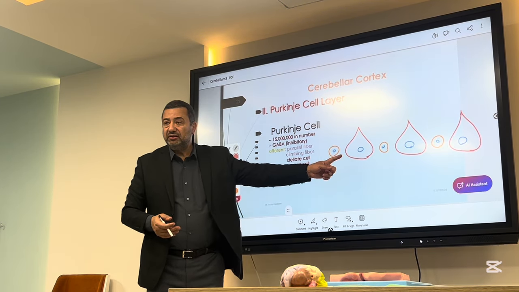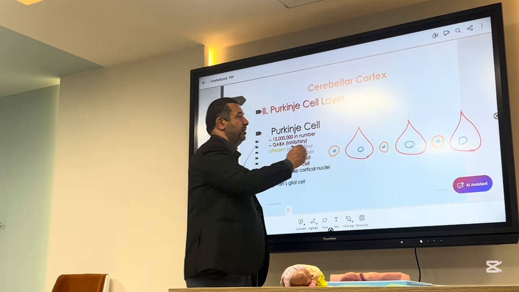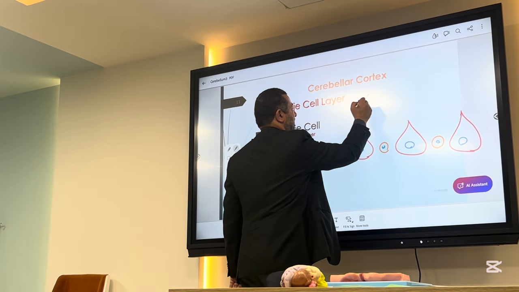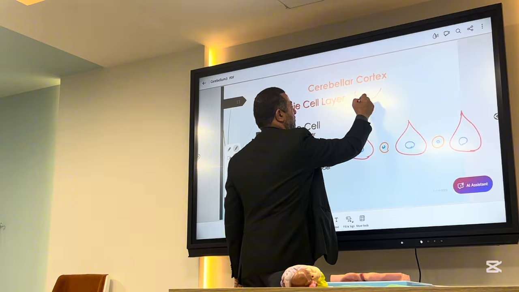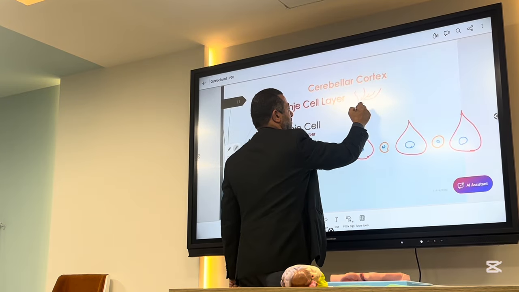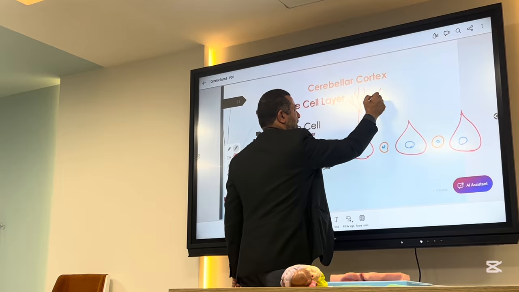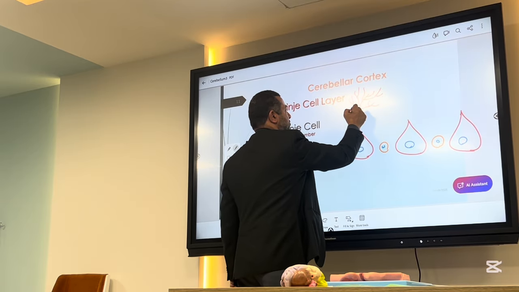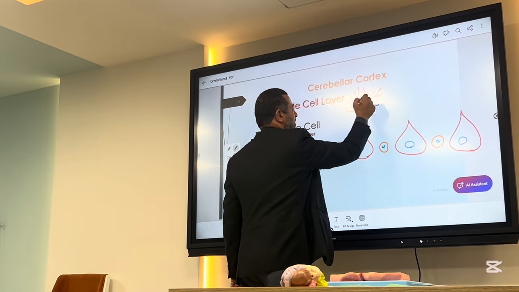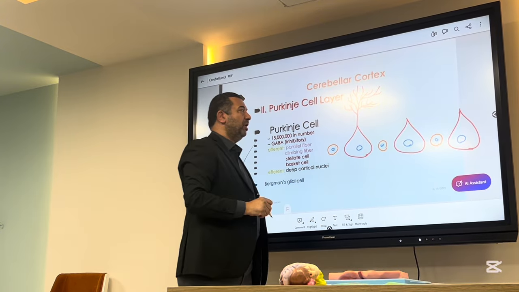Purkinje cells have apical dendrites that enter into the molecular layer. These are very branched dendrites, and they enter into the molecular layer.